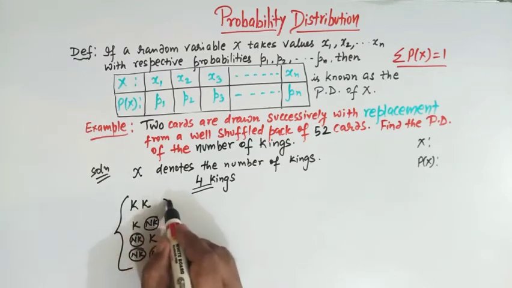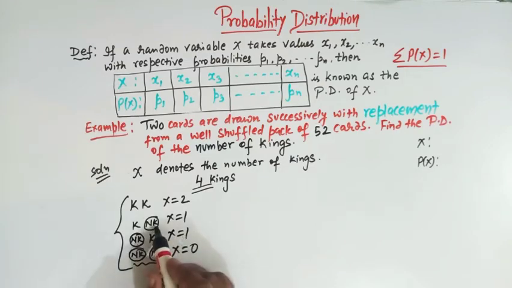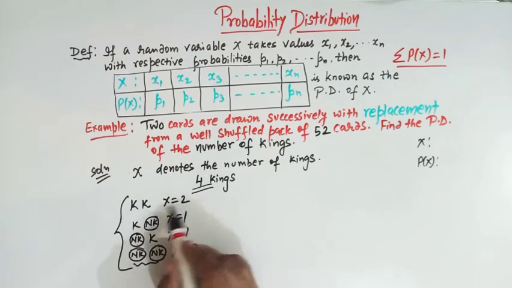So here x takes the value 2, here x takes value 1, here also x takes value 1, and here the random variable x takes the value 0. It means in this event we have 0 kings, in this event we have 1 king, here also we have 1 king, and here we have 2 kings.